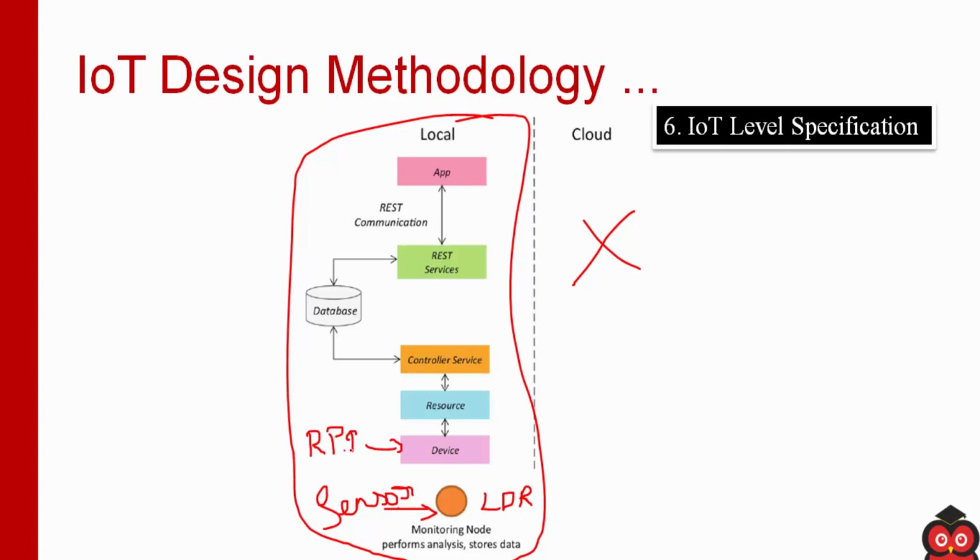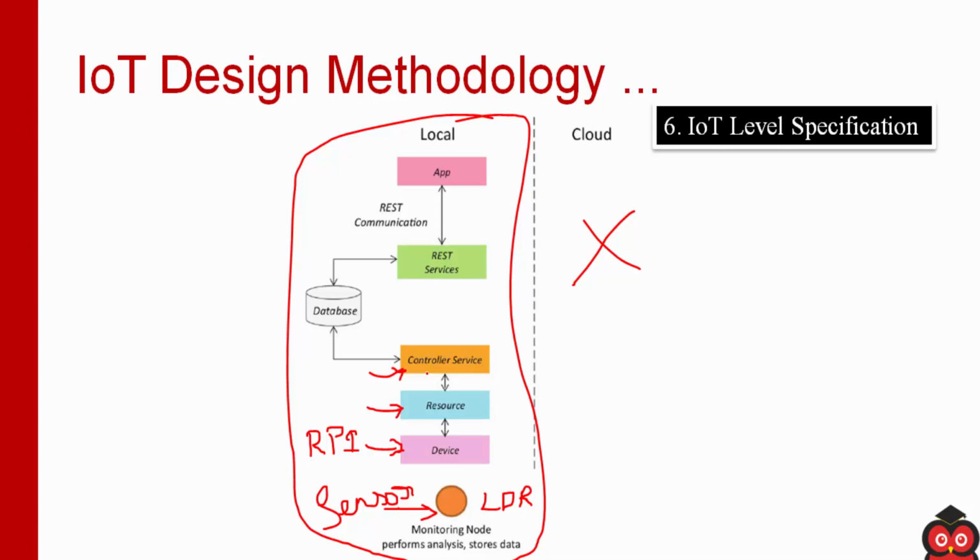You can use other devices also like Node MCU, Arduino, etc. But for this example we will be choosing Raspberry Pi. And we have resources like one is the database, another one is communication protocols, and we have the controller service.